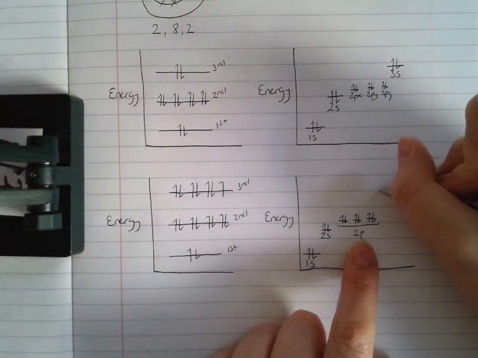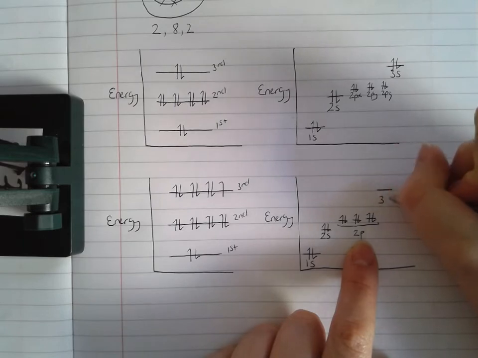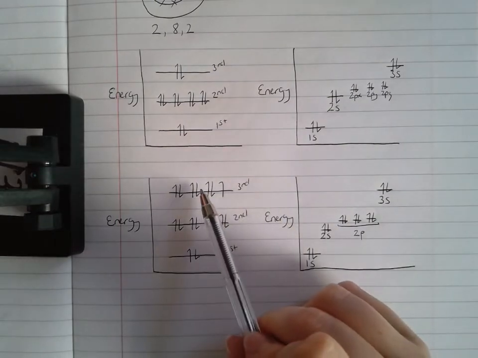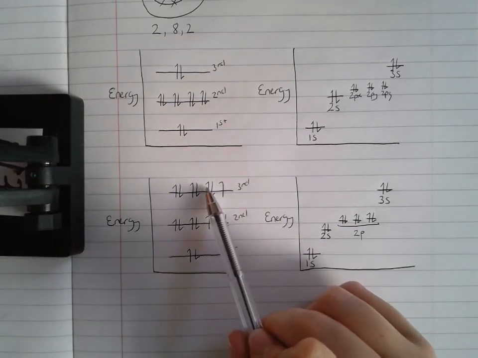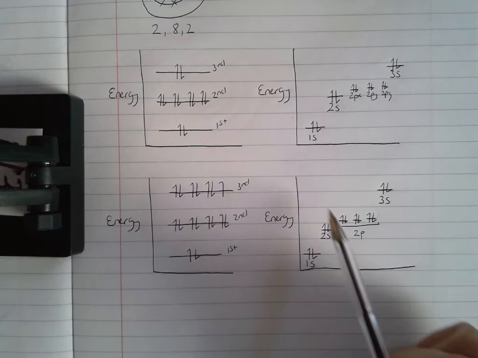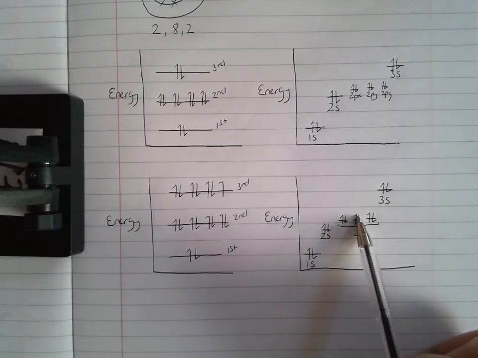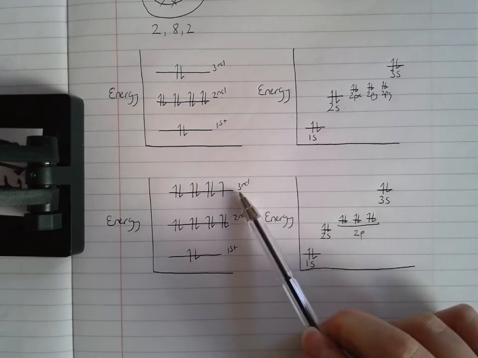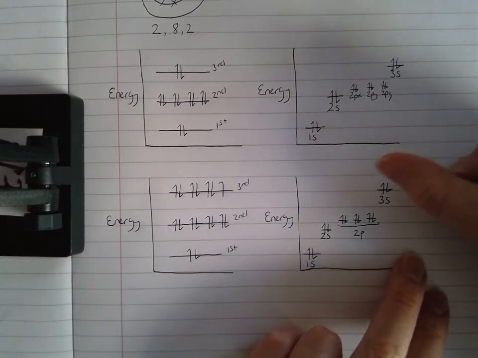In the diagram for magnesium, I drew in my 3s orbital, which could hold 2 electrons, and that's all I needed for magnesium. But for chlorine, you can see that I need to put another 5 electrons in there. Just like the second energy level was split into 2s and 2p, the third shell is split into 3s and 3p.